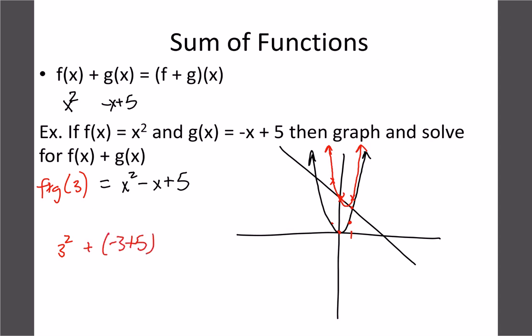If we just take the 3 and put it in both of our original equations, that'd give us 9 plus 2, which is 11. Or we could put 3 in our new combined equation, and we get the exact same answer. So we get 11 for each. So at the point x equals 3, our coordinate on the new graph would be at 11. It's 9 on one graph, 2 on the other. Add the two together, we end up getting 11.